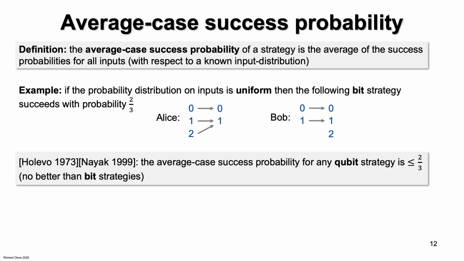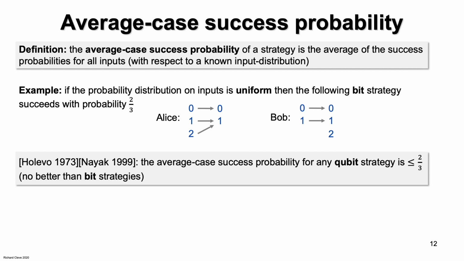I'm not going to state the theorem here, but very roughly speaking, it says that classical information cannot be compressed by encoding it into quantum information. In our scenario, a qubit cannot communicate any more information than a bit can.